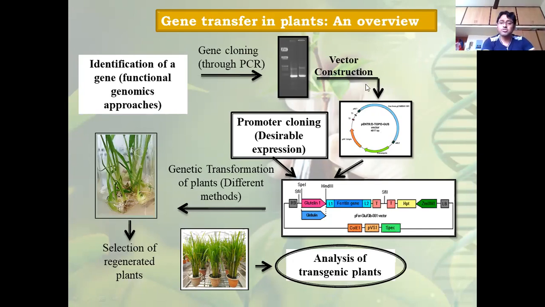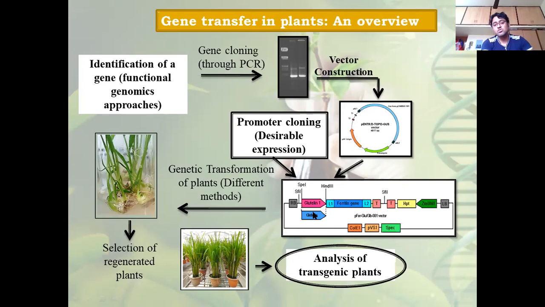But suppose through whatever you learned, through TA or restriction-based cloning, you have cloned your gene into the vector, and this is the destination vector carrying the T-DNA region, the binary vector. Here you have cloned your gene.